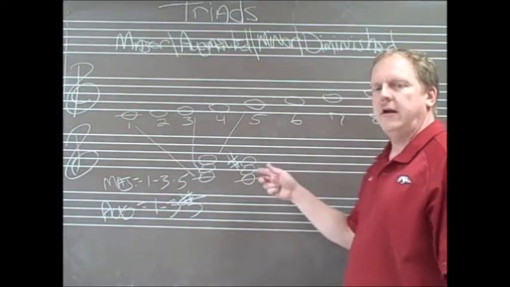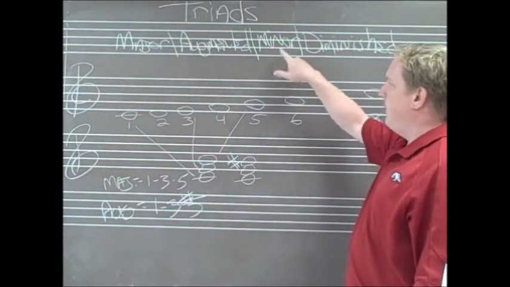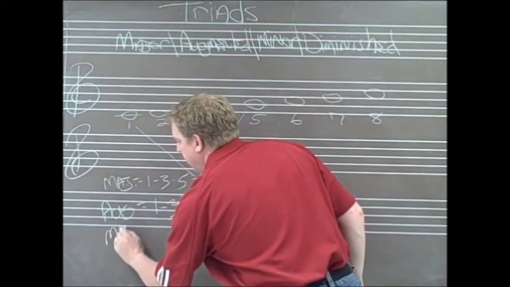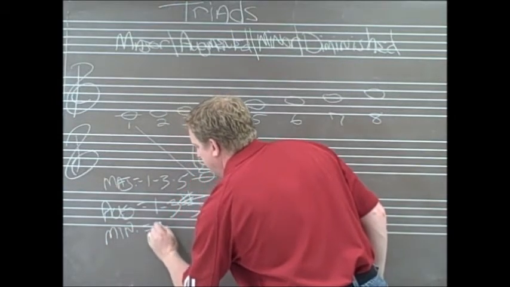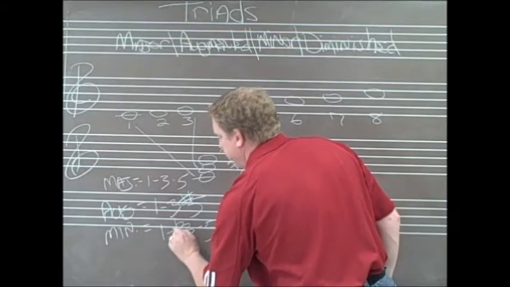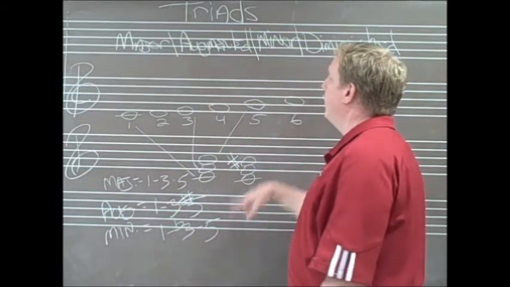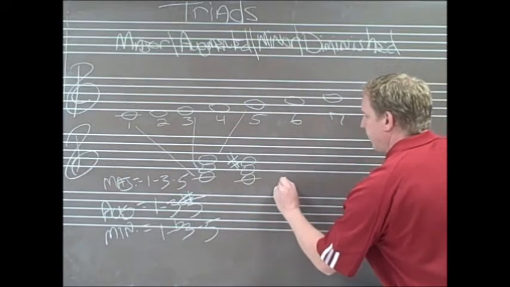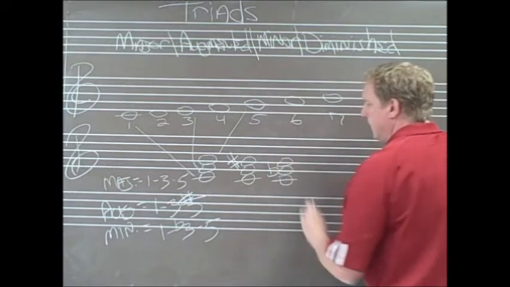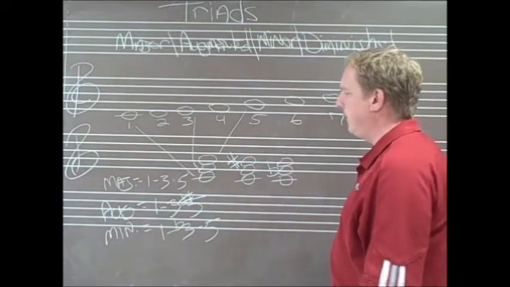Those are the notes of C augmented. The number formula for a minor chord is almost the same as major, 1, 3, and 5, but you flat the 3rd. And so the notes are almost the same. C, E flat, G. Those are the notes of C minor.